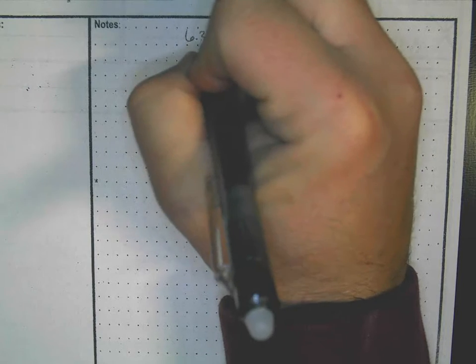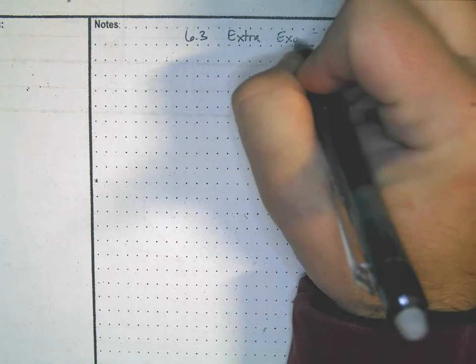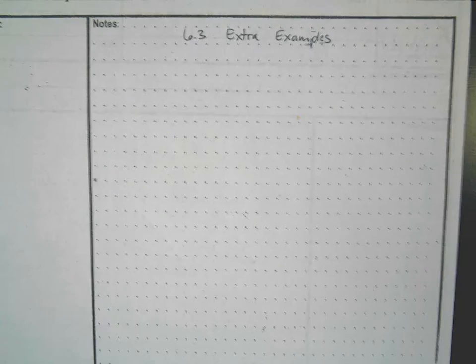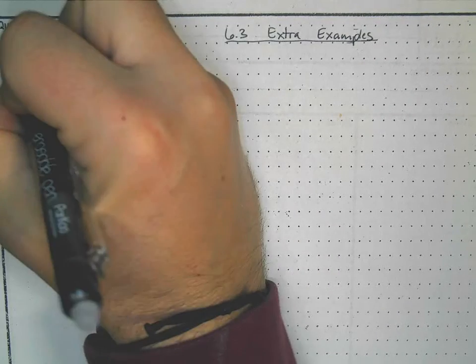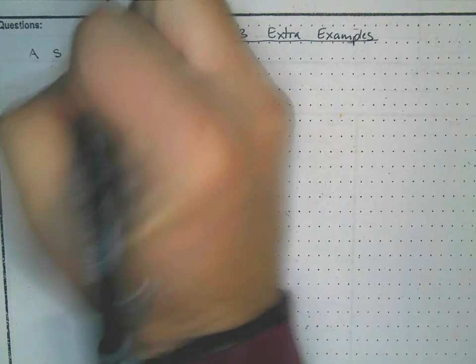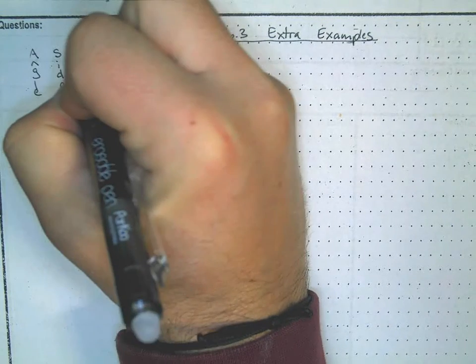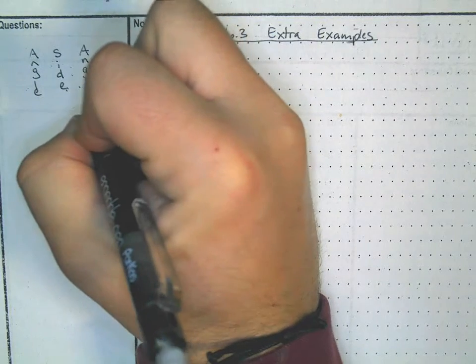In this video, we'll be looking at section 6.3, extra examples. So again, we're leaning on our two new theorems, which are angle, side, angle, where the side is in between the two congruent angles.